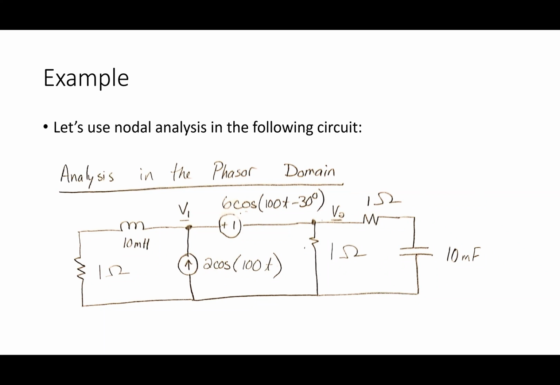What's the first step to get into the Phasor domain? Converting the sources, inductors, and capacitors to phasors. So look at this. I'm going to say that this guy up here, I called it VS. Then I've got a resistor here, a resistor here, and a capacitor here.